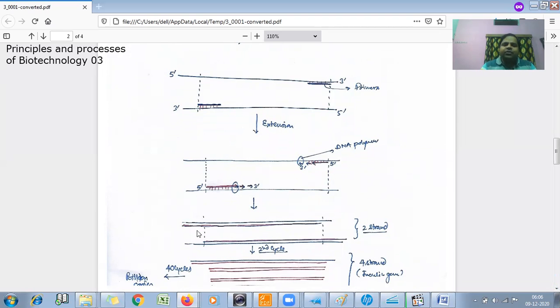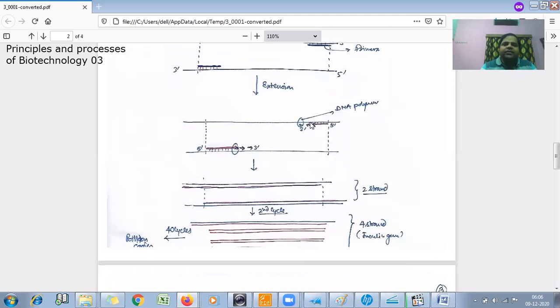Then at 72 degrees centigrade, we can see here the DNA polymerase will bind to both of the primers and it will start extension, means it will start moving in the 5 prime to 3 prime direction, and it will start adding nucleotides.